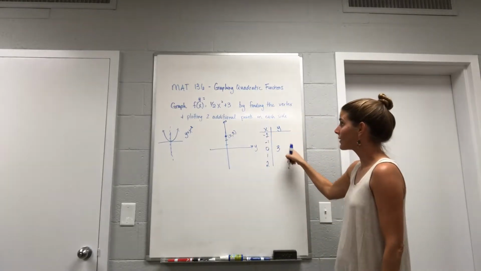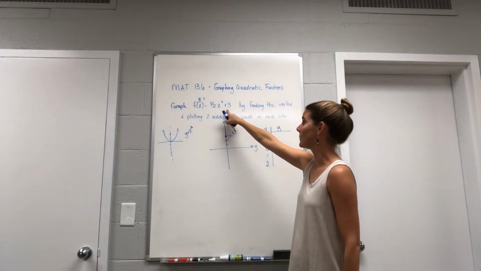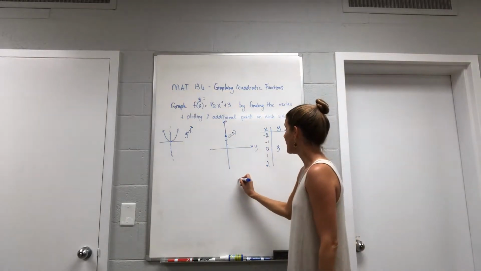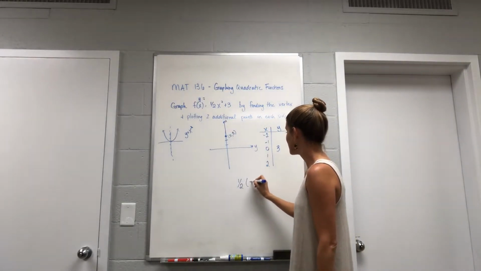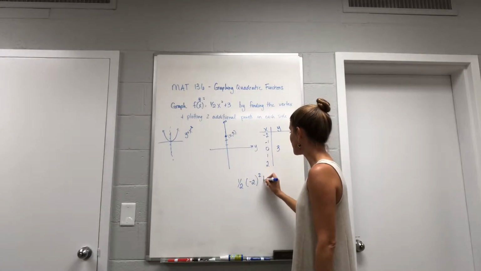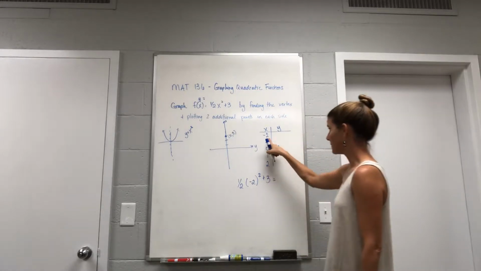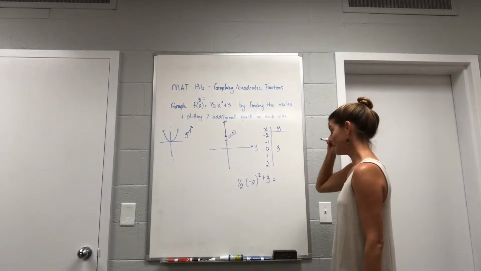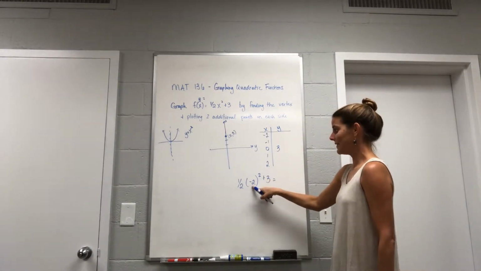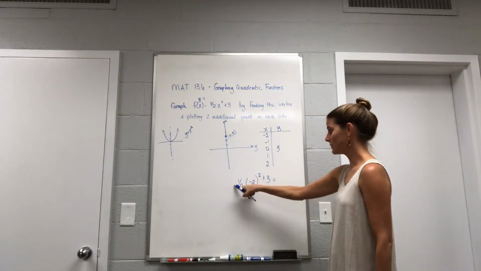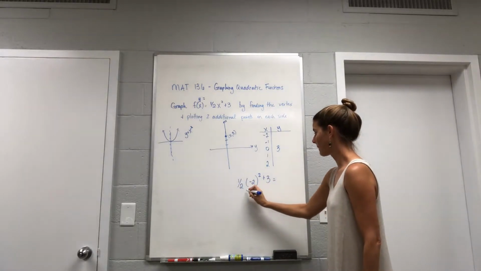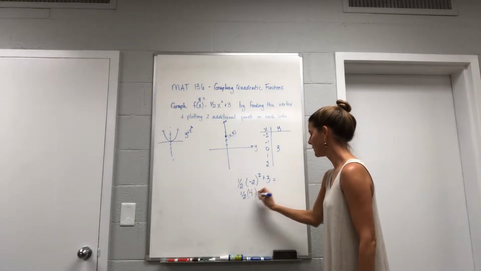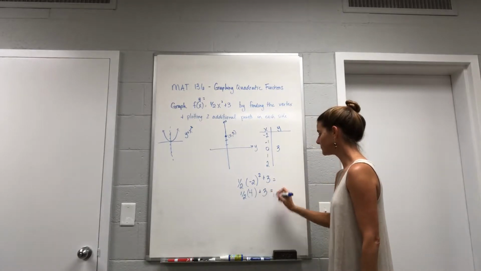And then it's just a matter of plugging directly into that formula here. So we have 1/2 times -2 squared plus 3. I'm just plugging in this -2 into our equation. And so -2 squared would be a positive 4 times 1/2 plus 3.